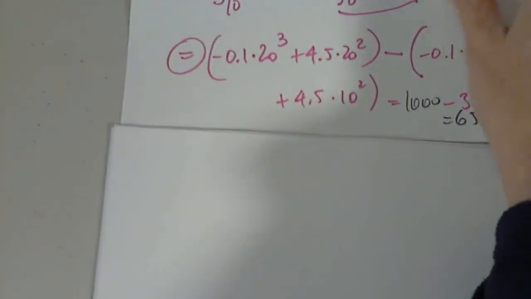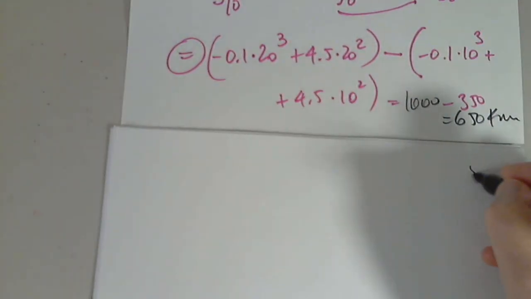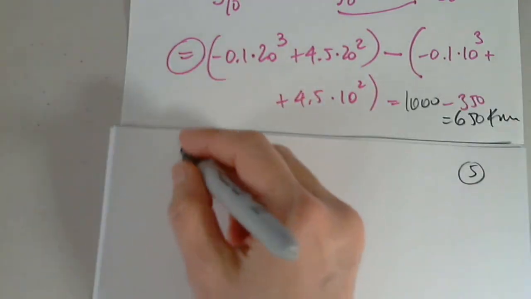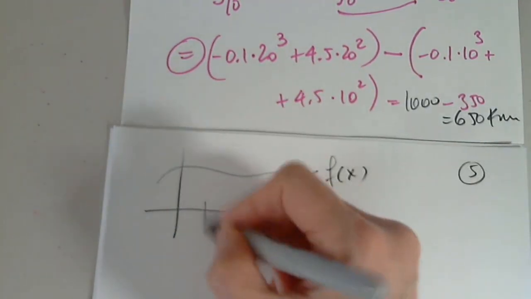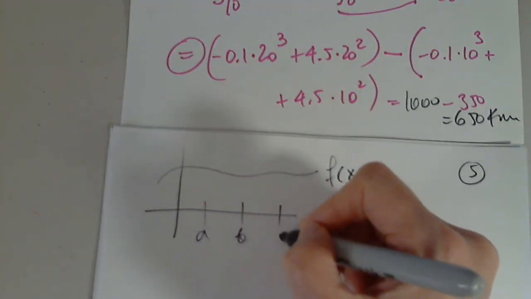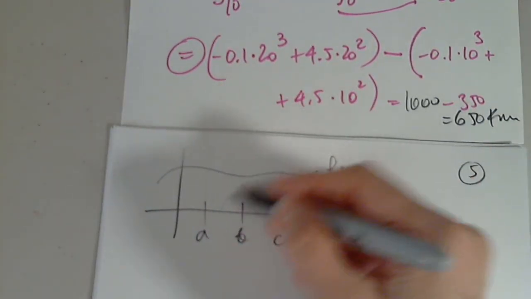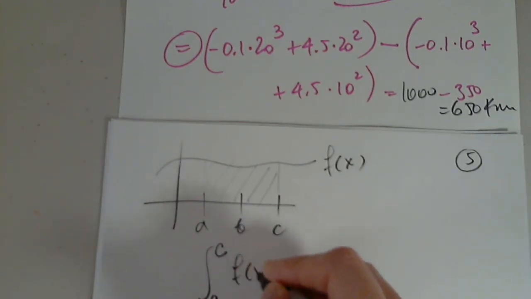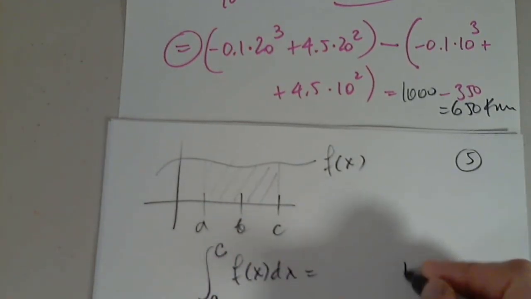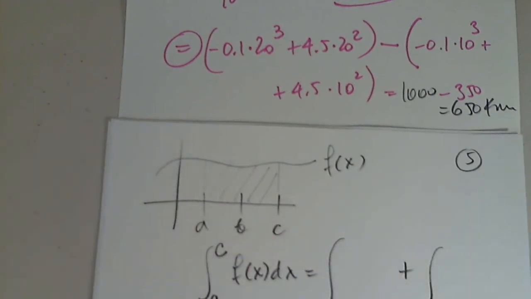So since I'm here and I'm going to write it for you in general, this is the situation. If this is a function, and I have here a, and here b, and here c, the integral from a to c of f of x dx is the sum of two integrals.